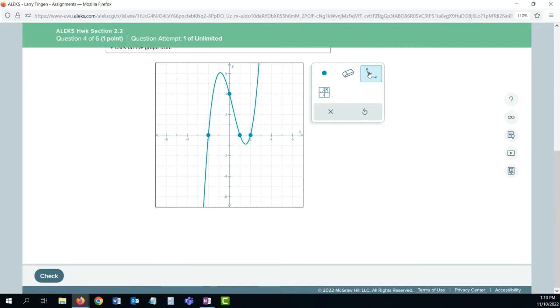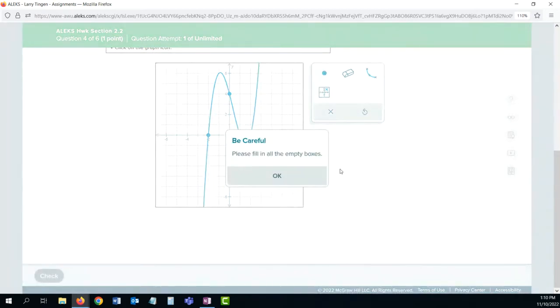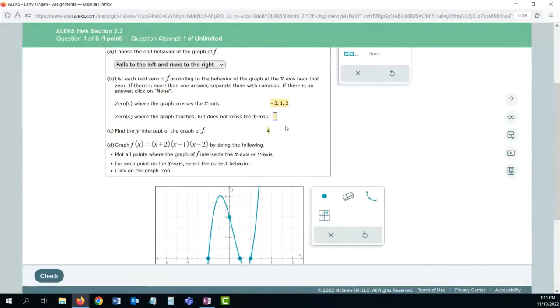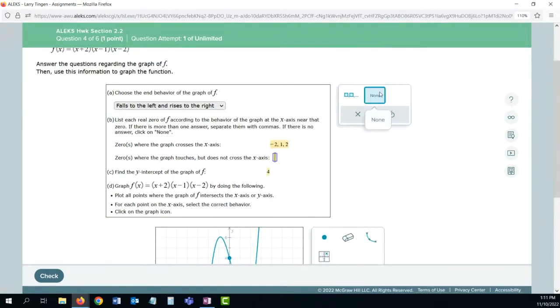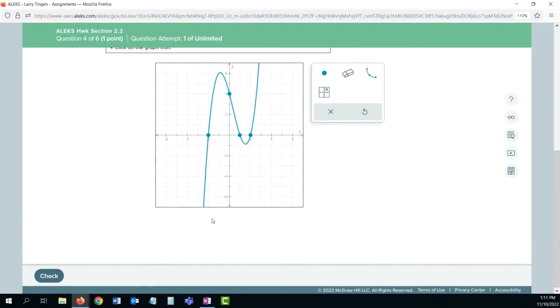Then you just click on that button to graph and check your work. I have to type the word none. Sorry, I didn't even read that. Oh, click on none. Okay, let's see if we did it.